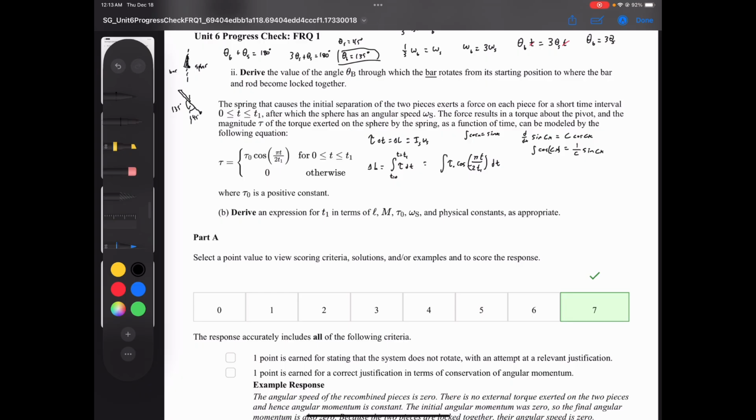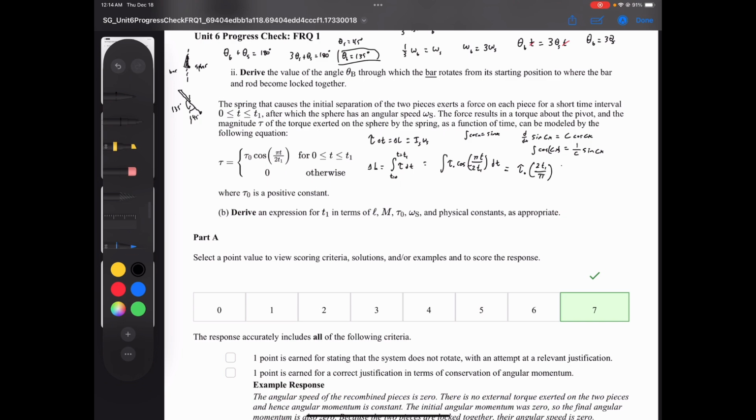So the constant in front of t is pi over 2 t1. When I integrate this, for my indefinite integral, I have the initial torque, tau naught, times 1 over c. Here, pi divided by 2 t1 is the constant in front of the variable, so 1 over that is 2 times t1 over pi.